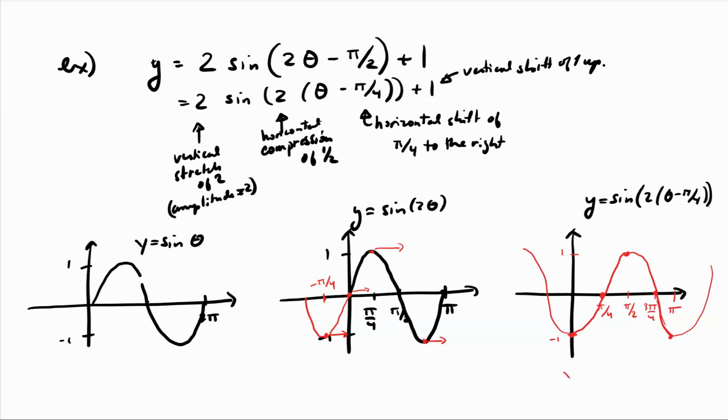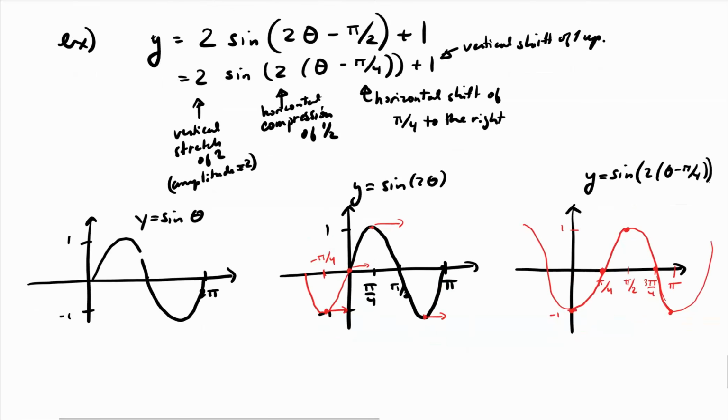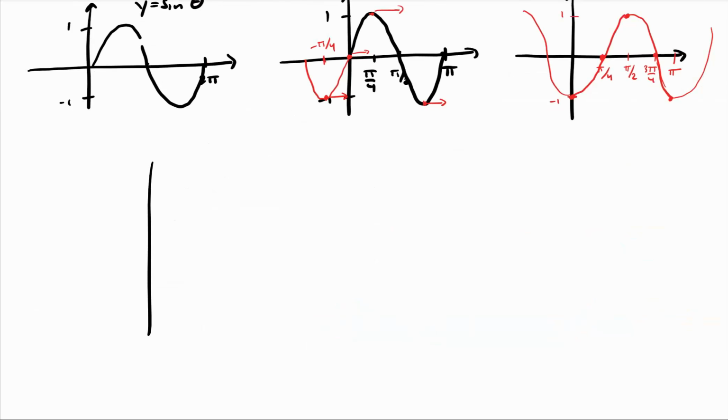Okay, so this is y equals sine of 2 theta minus pi over 4. And finally we're going to stretch it by 2. So that's going to change the amplitude only. So instead of going from minus 1 to 1, it goes from minus 2 to 2.